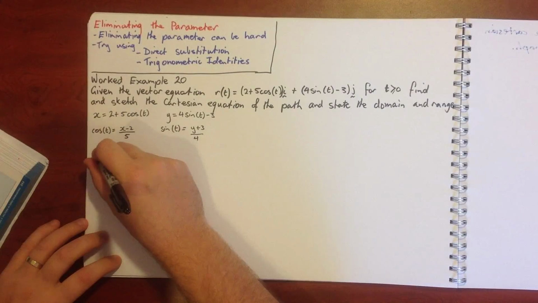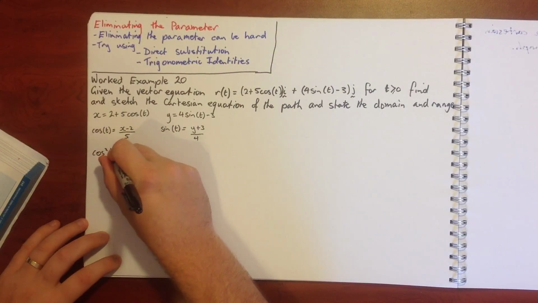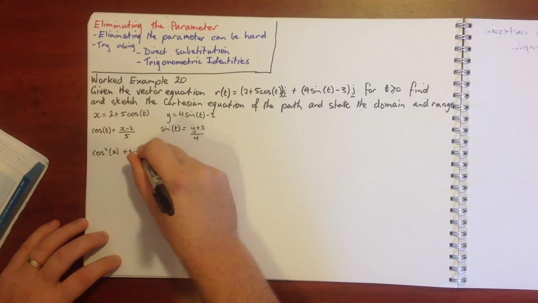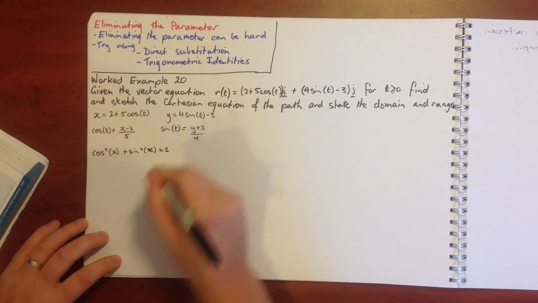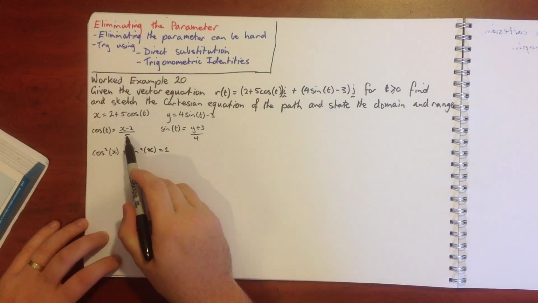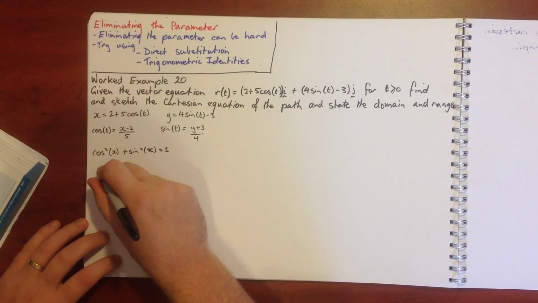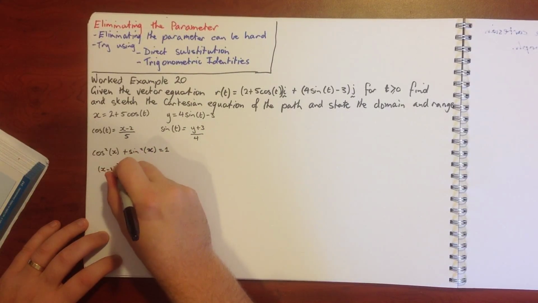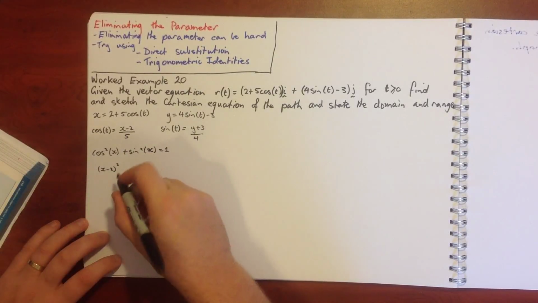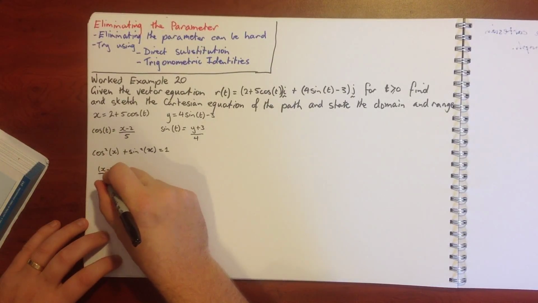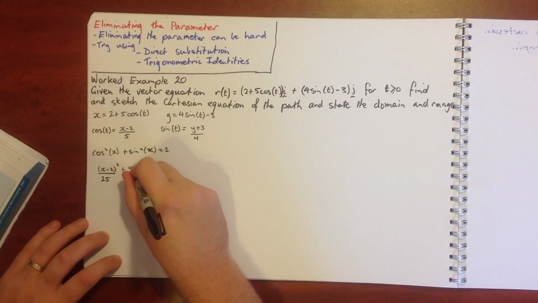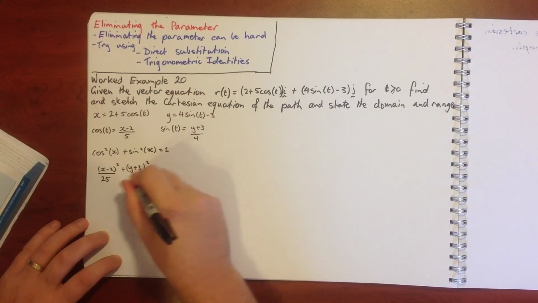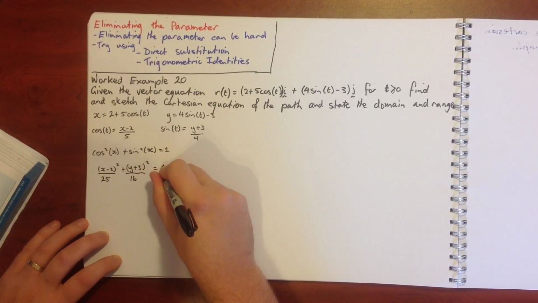So what we use is cos squared of x plus sine squared of x equals 1. Okay, so we can square this side, which will make it x take 2 squared on 25, plus our y plus 3 squared on 16, and that equals 1.